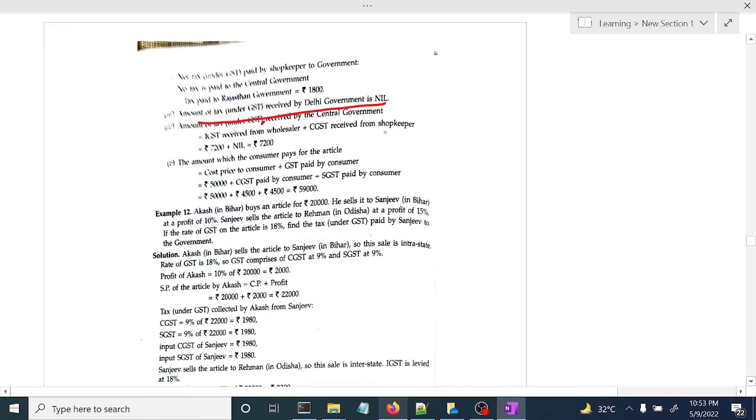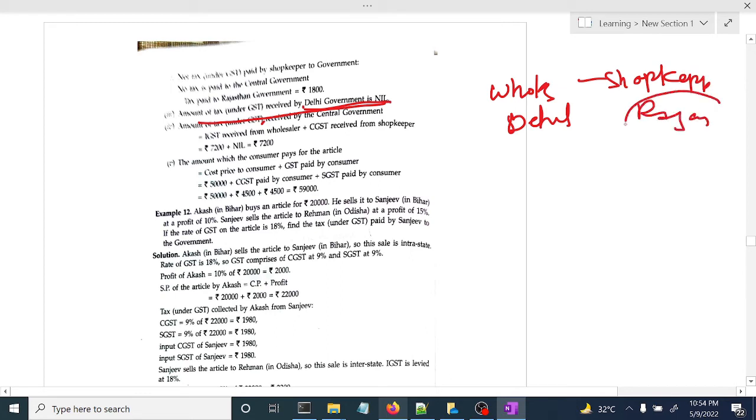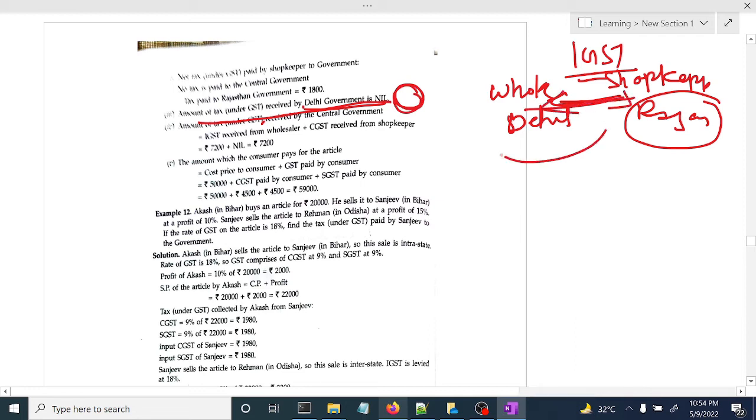The amount is null because the wholesaler was in Delhi and the shopkeeper was in Rajasthan, right? So what tax did the shopkeeper pay to the wholesaler? It was IGST, right? So Delhi received zero tax because it was interstate, and in interstate all tax goes to the central government.